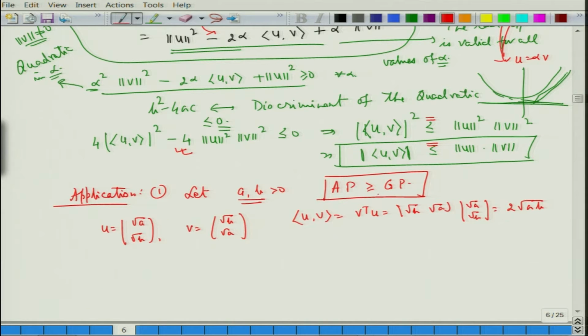So I get the expression corresponding to GP. I think it should be not AP GP but AM GM inequality. So I got this. And what about the length of u? The length of u is the same as the length of v, which is the square root of (square root of a) square plus (square root of b) square, which is the square root of a plus b.